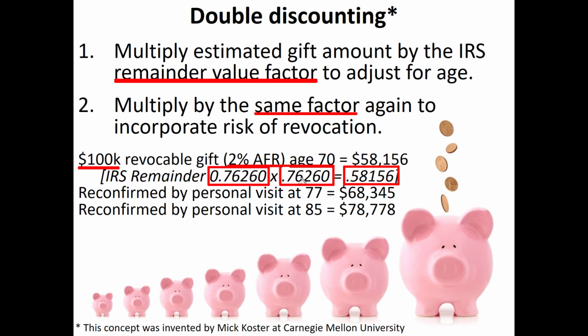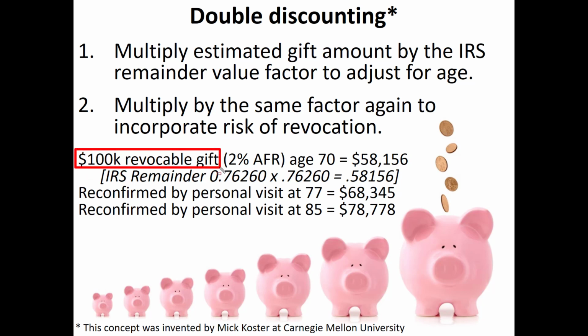Okay, so this multiplied by that equals that. So what that means in a practical sense is that for this particular gift, a $100,000 revocable gift by somebody who is age 70 would be valued at $58,156.